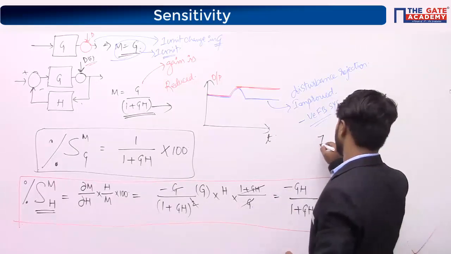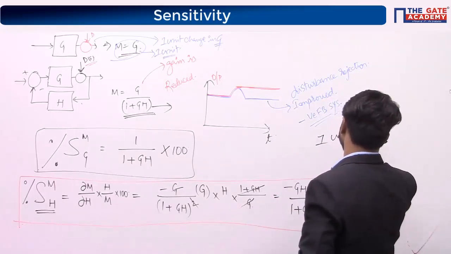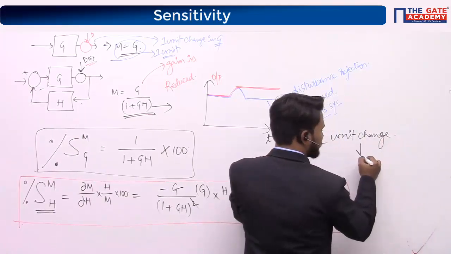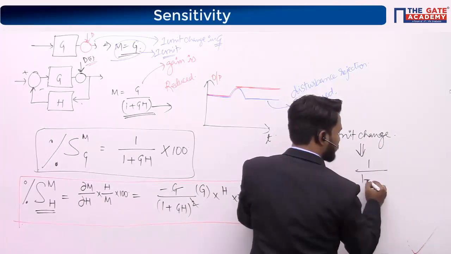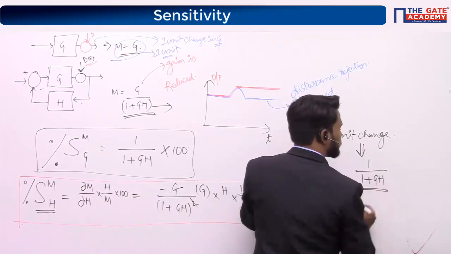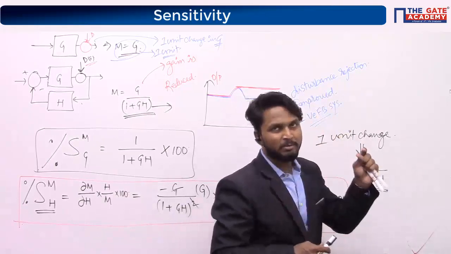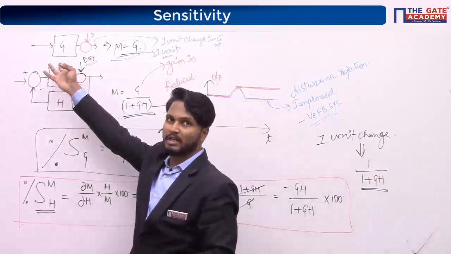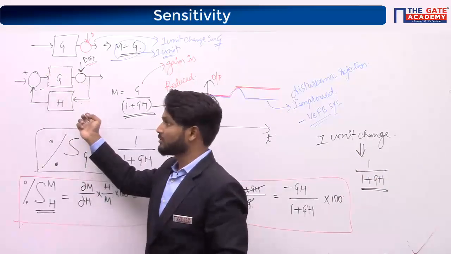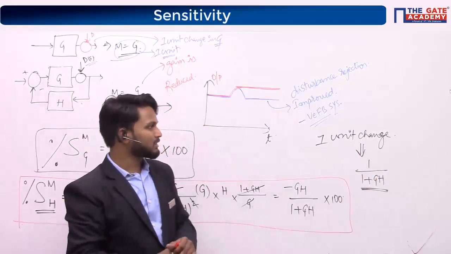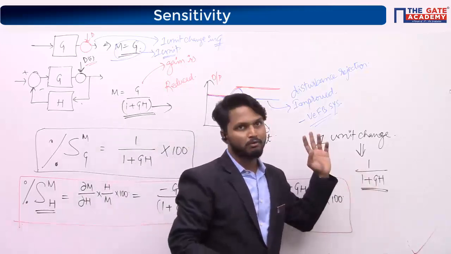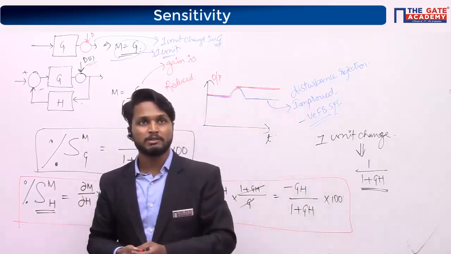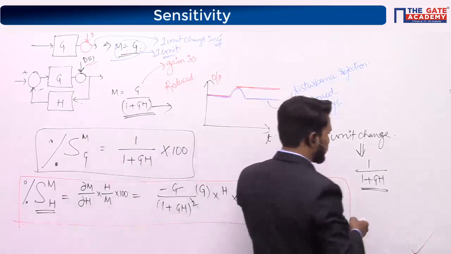For 1 unit change in G, you are getting a change of 1 by 1 plus GH, which means if any parameters are varying, its sensitivity is 100% in a system which does not have feedback, whereas in a system which has feedback, the change is 1 by 1 plus GH, which means the change has reduced.